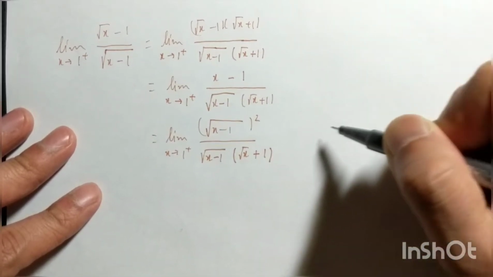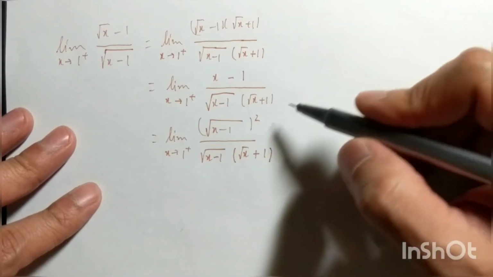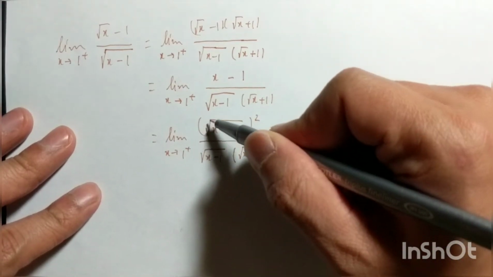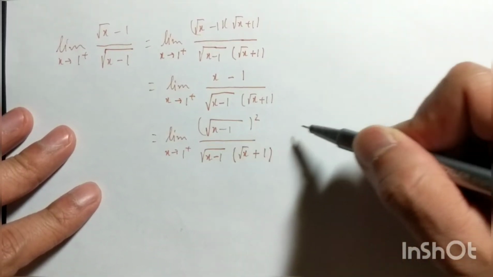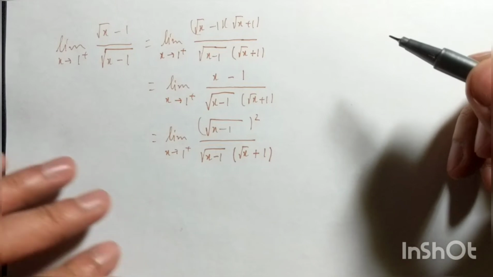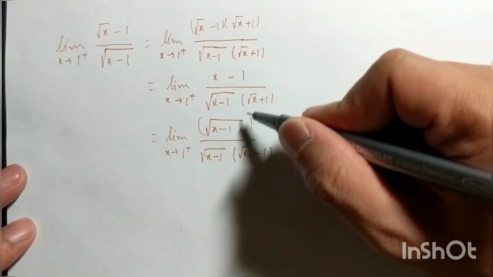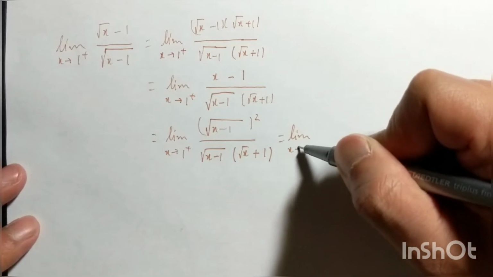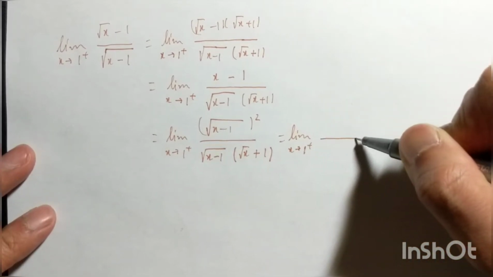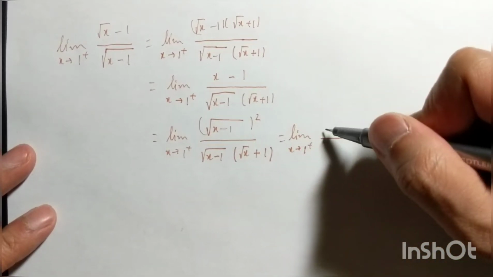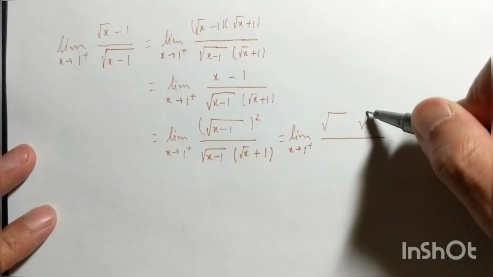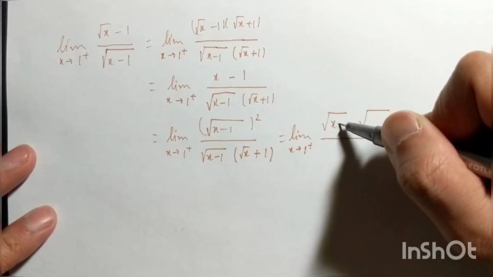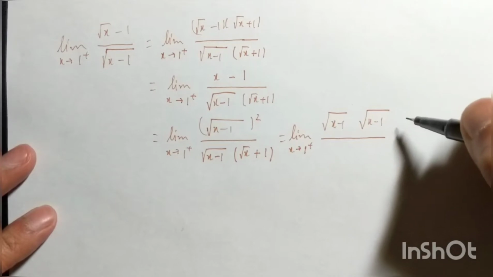You see, now we can simplify because here you have the square of a square root of x minus 1. Down here you have the square root of x minus 1. To be clear, I can certainly write this as the product of two square roots, and inside you have x minus 1 and x minus 1.